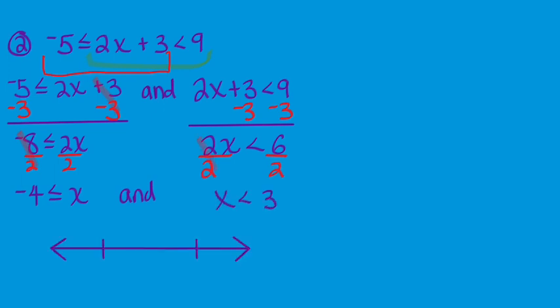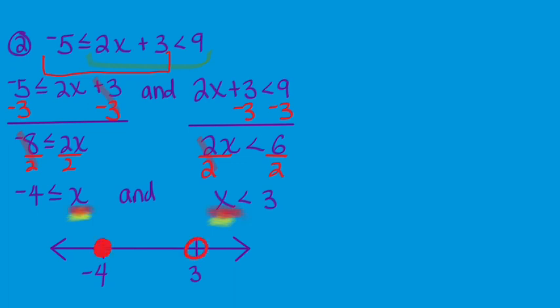And then I would graph this from -4 to 3. And remember, I read it and write it from the variable's perspective, so I know that it's x. x is greater than, really important to note that, x is greater than or equal to -4. And then it's also x is less than 3.